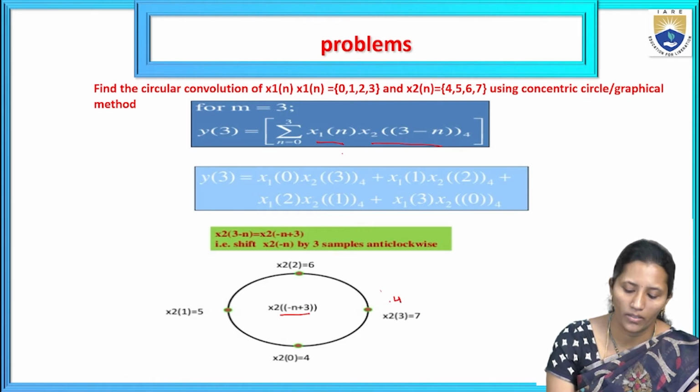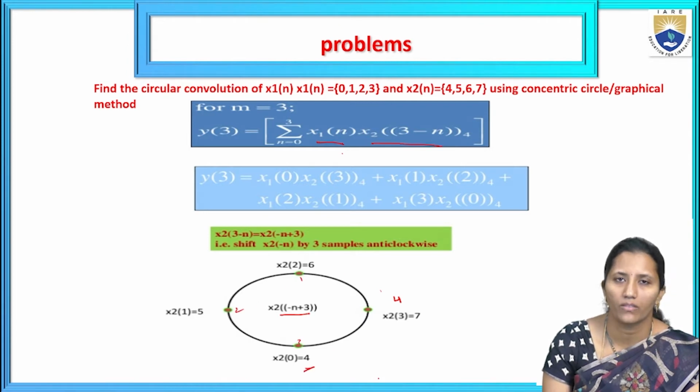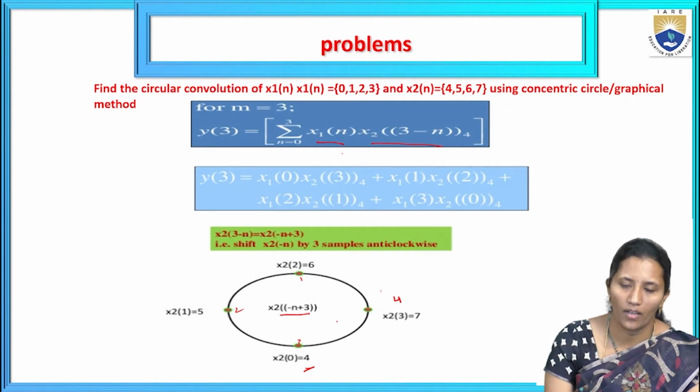This will be shifted by 3 points, in the anti-clockwise direction. So this 4 is coming. So for x2 of minus n, we have to rotate by 3 samples in the anti-clockwise direction. Then we are going to get these samples.